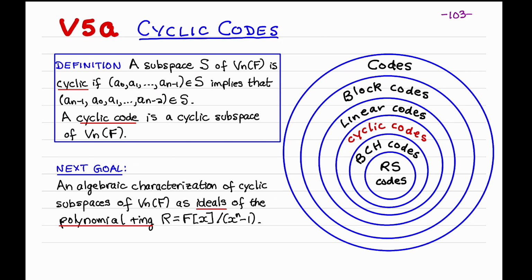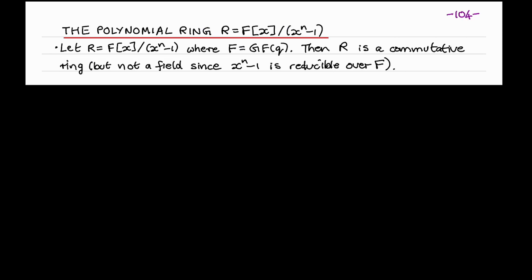Our next goal is an algebraic characterization of cyclic subspaces of Vn of F as ideals in the ring of polynomials over a field F, modulo x to the n minus 1. This will necessitate the introduction of concepts from the theory of rings and ideals. In this chapter, F will be the Galois field on Q elements, and R will denote the ring of polynomials over F, modulo x to the n minus 1.